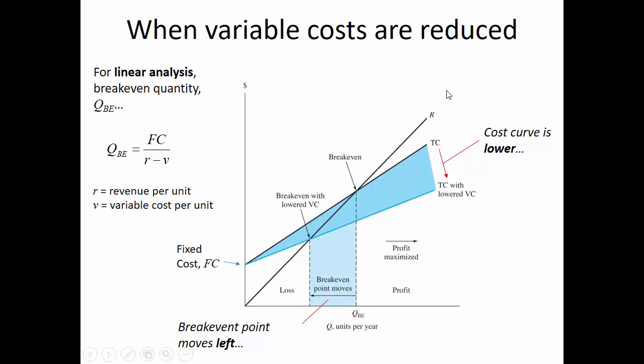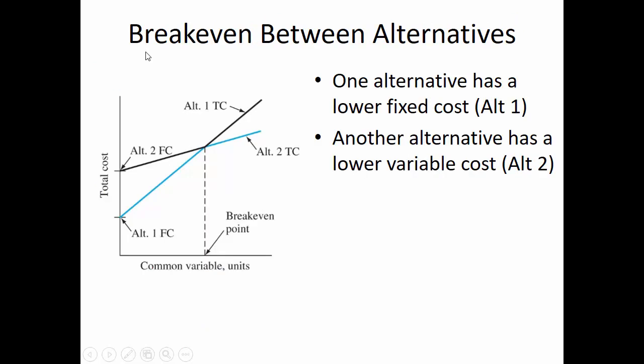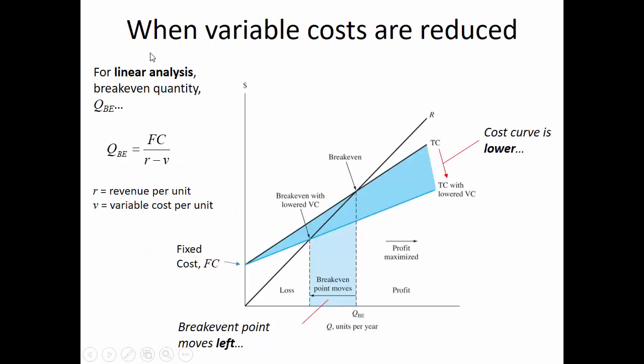Any questions about that relationship? What if your variable costs go up? What would that do to your break-even point? Exactly. So it would be the opposite effect. If the total cost curve gets steeper, then the point at which those two curves intersect would be further to the right.